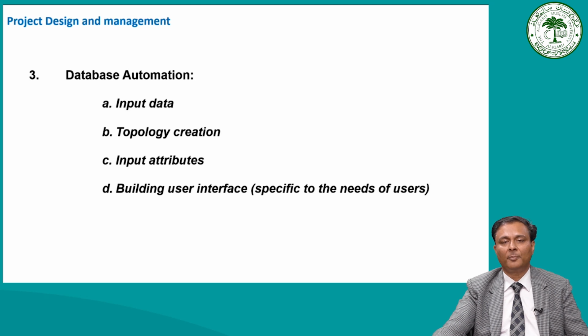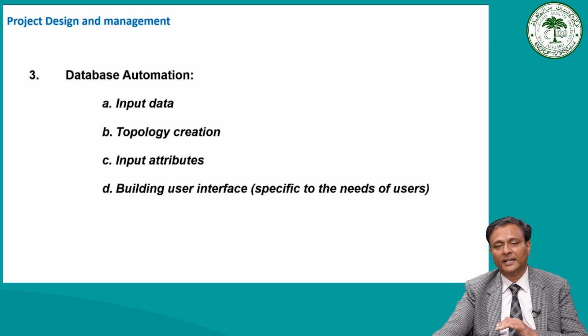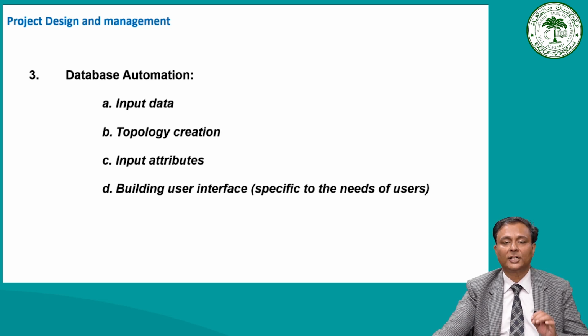So when we talk about the data input, encoding of data, converting the data, transforming the data, we need to be very careful because these data come in different formats. And we also need to look into the compatibility of these data with our system. Needless to say, the accuracy of these attribute information, these input informations, needs to be verified again and again.